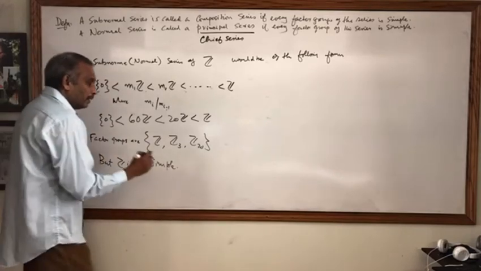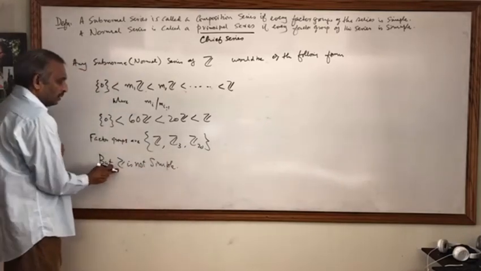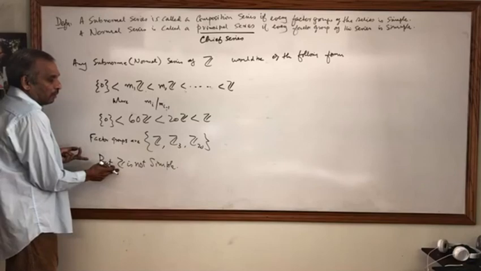Why? Because Z has an infinite number of normal subgroups.